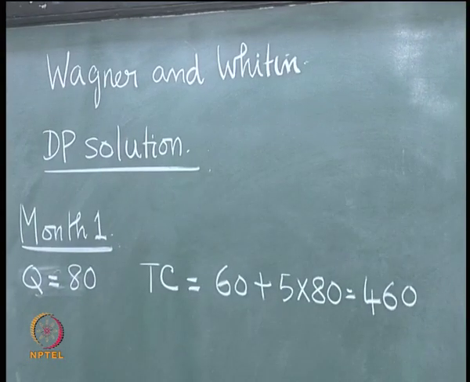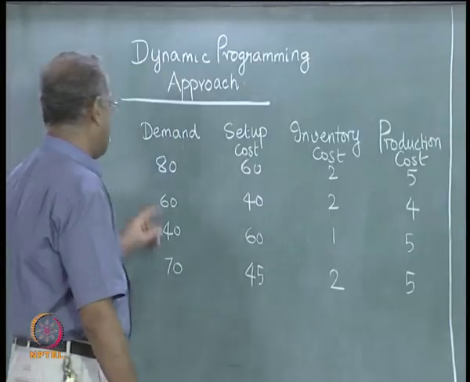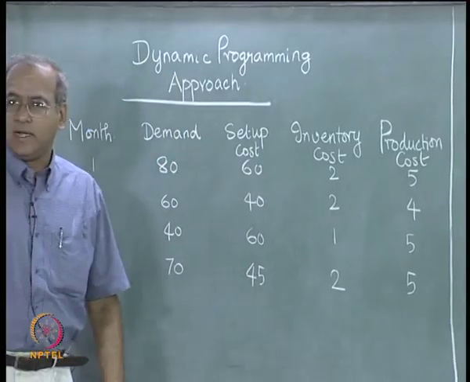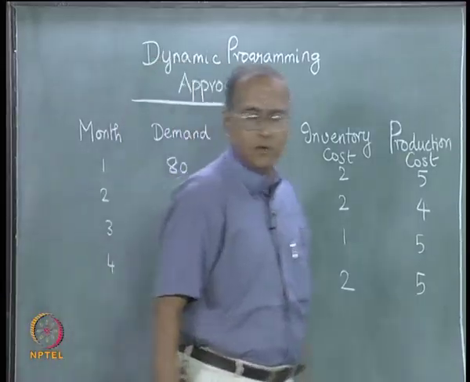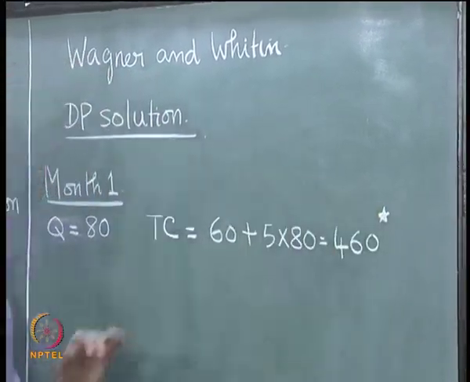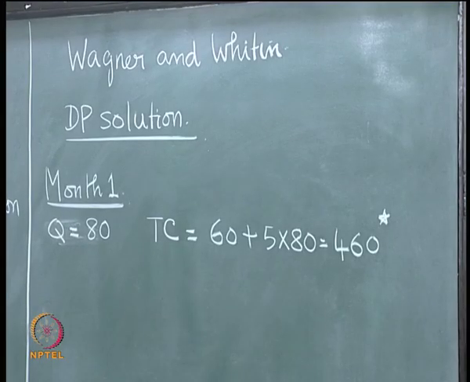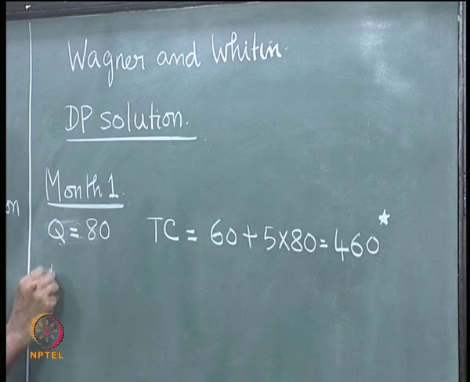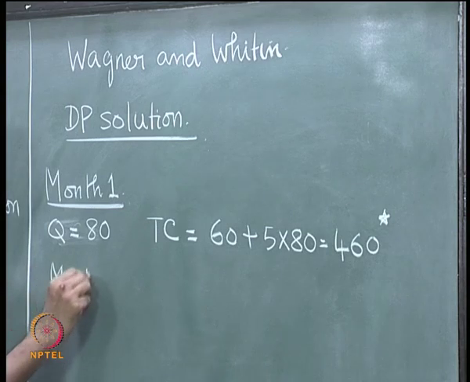There is no inventory that is carried, because demand is 80, production is also 80. There is only one way to do it, which is the optimal way. So, we just put a star indicating that this is the best way to produce and meet the demand of the first month. Now, we go to demand of month 2.